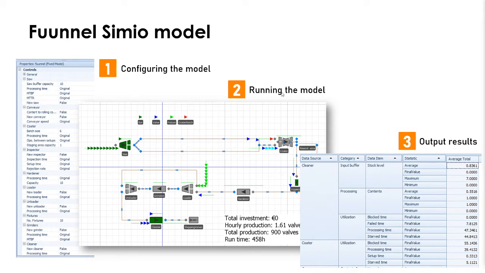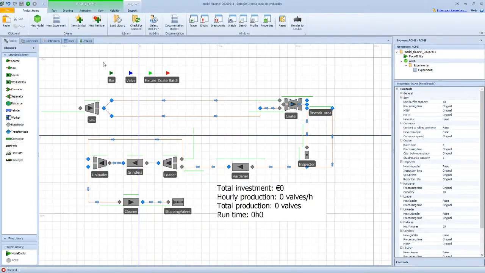So let's see the model. There we go. So if you're not familiar with Simio, you don't need to be much familiar with it, because this is a model that is a device for anyone using it to just change some properties, which is how they are called in Simio, and get results. So there's no need to be an experienced or even a beginner modeler in Simio to run this model.